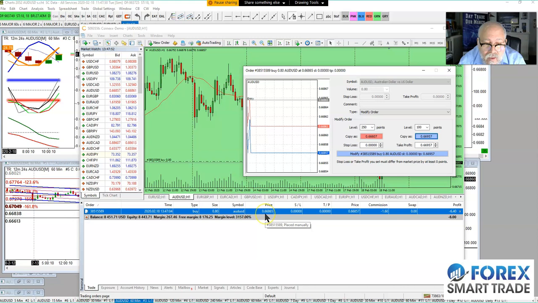So I can also just look at this number here, the 0.6686. A pip is the number that's second from the far right. So it's this 6. If I add 10 to this 86, I'm going to go to 96.5.